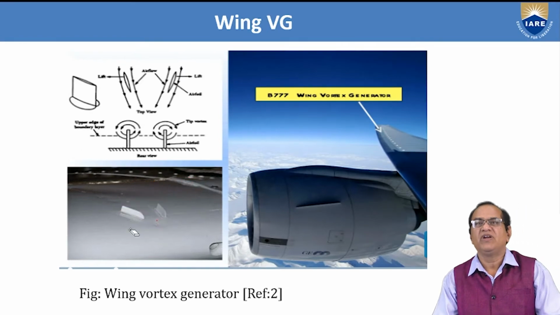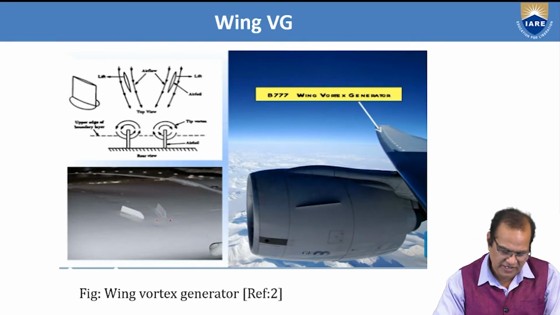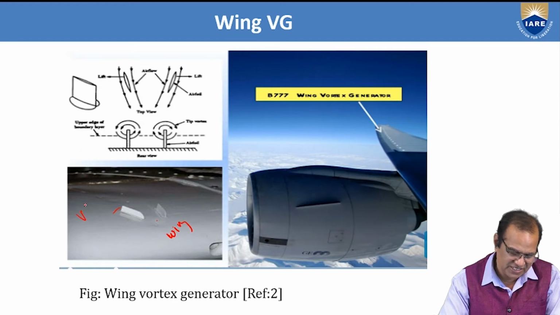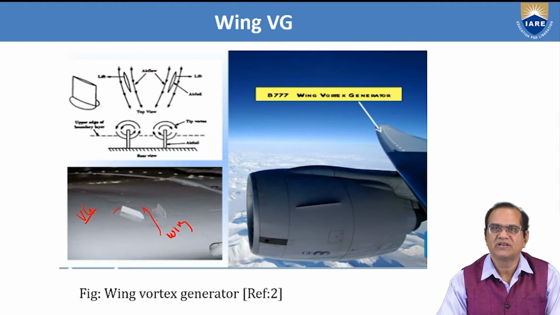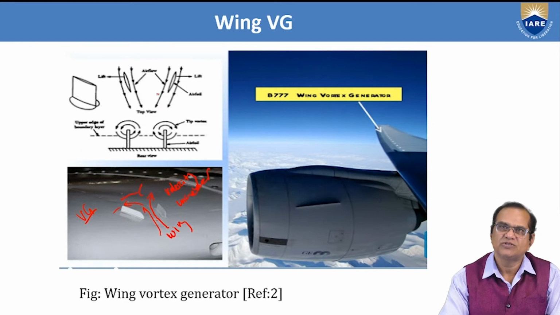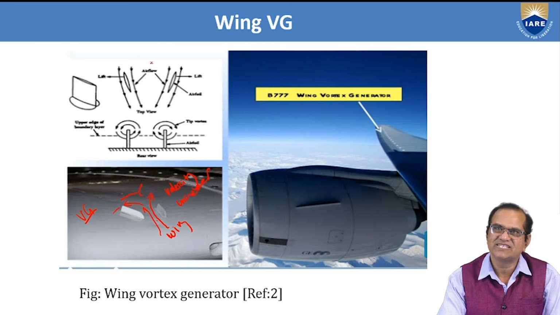In the wing here, these are the VGs, the vortex generators. Air is moving from here like this, and the velocity is increased here.